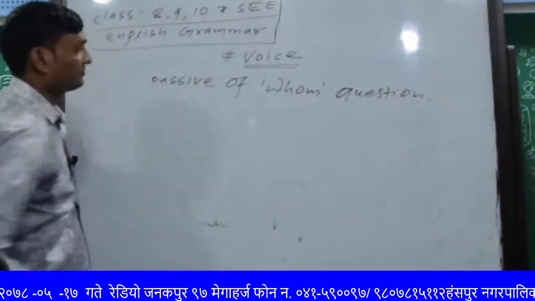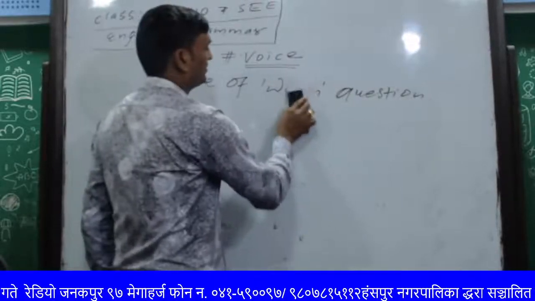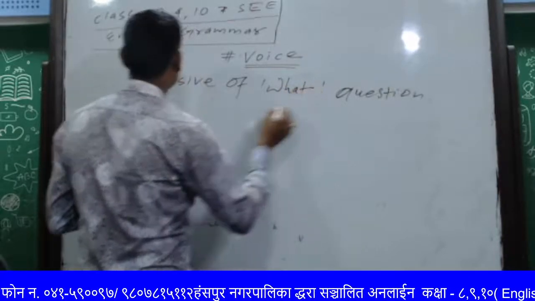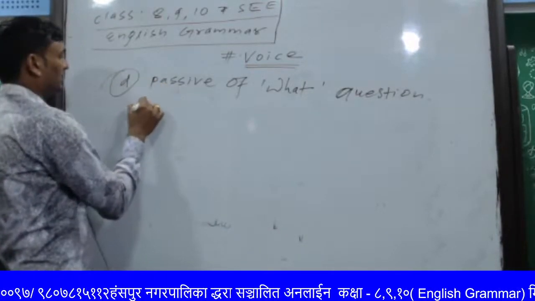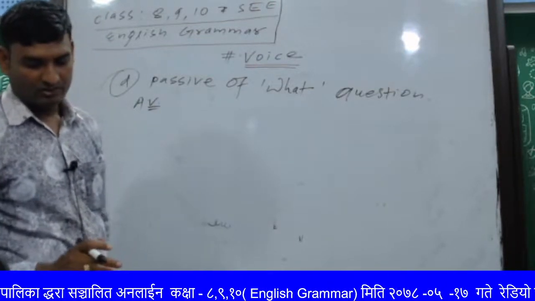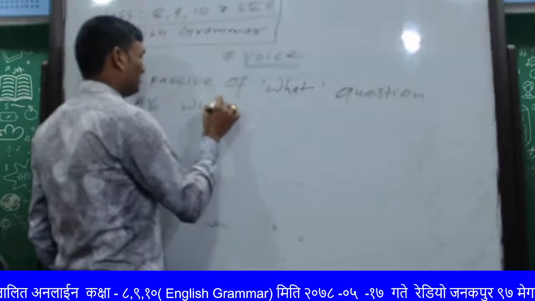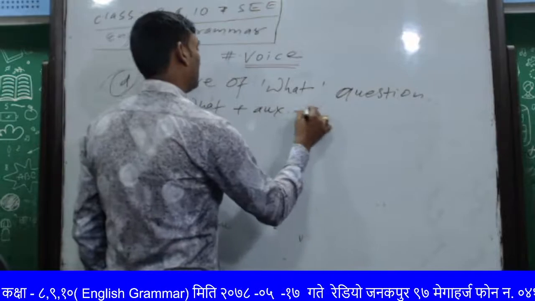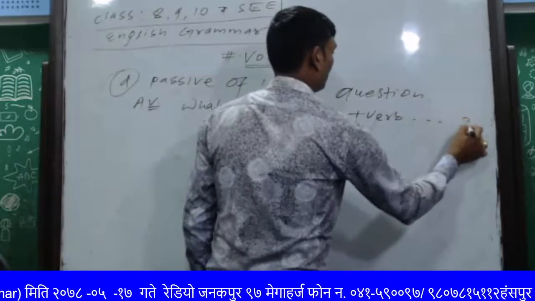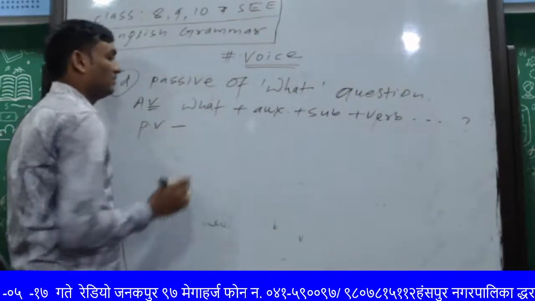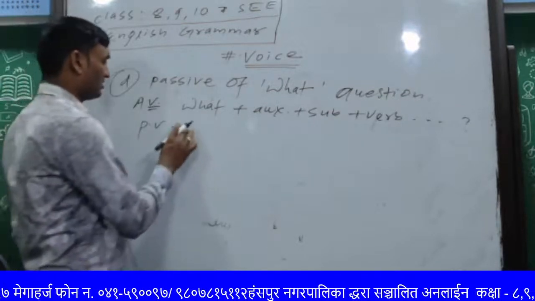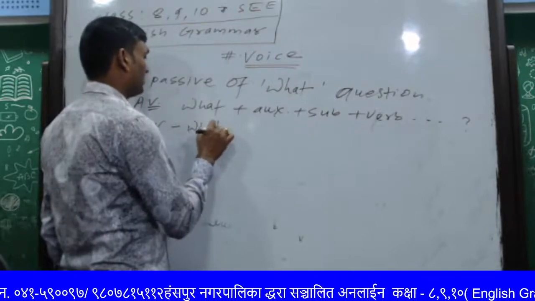That is in number D. The structure of this: what plus auxiliary plus subject plus verb ... Then the passive voice of this, the same WH word, "what".